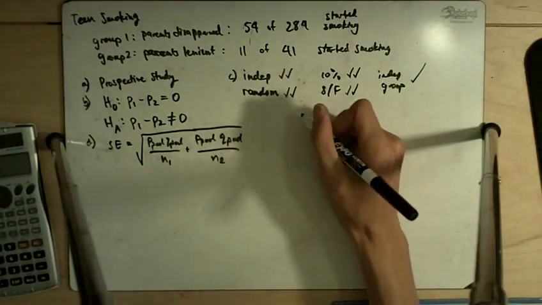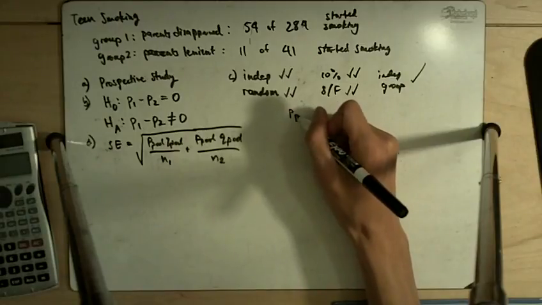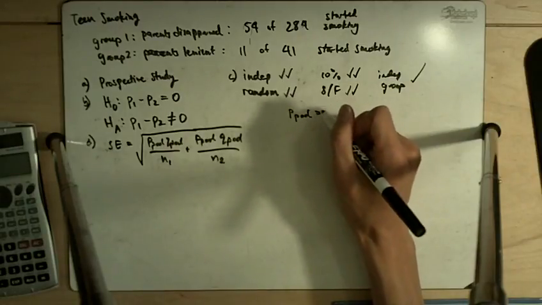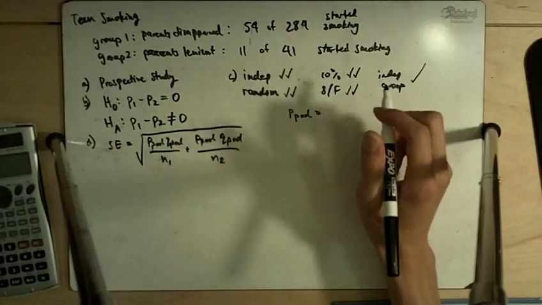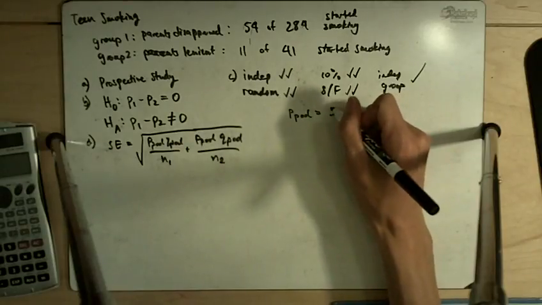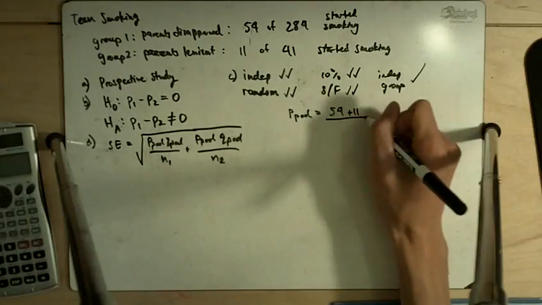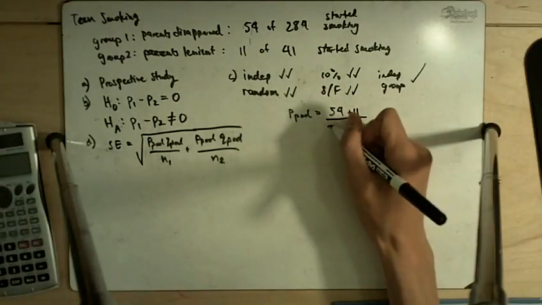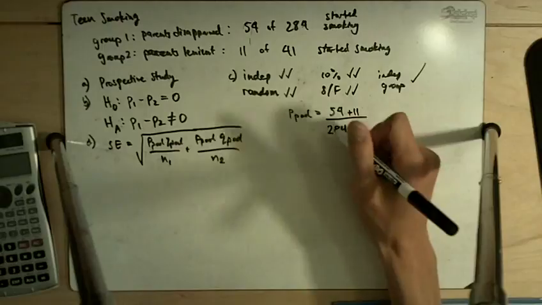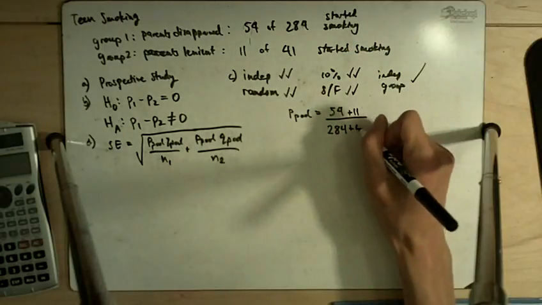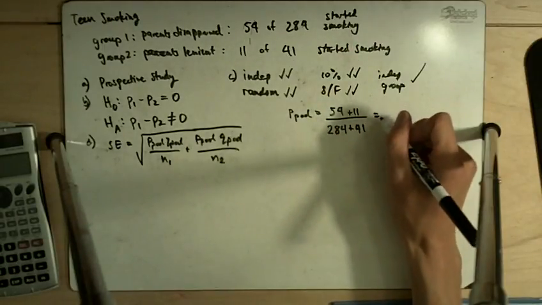So what is p pool? P pool is the total number of students who started smoking out of everyone who we asked. So 54 in group 1 started smoking and 11 in group 2 started smoking. We asked a total of 284 in group 1 and 41 in group 2.